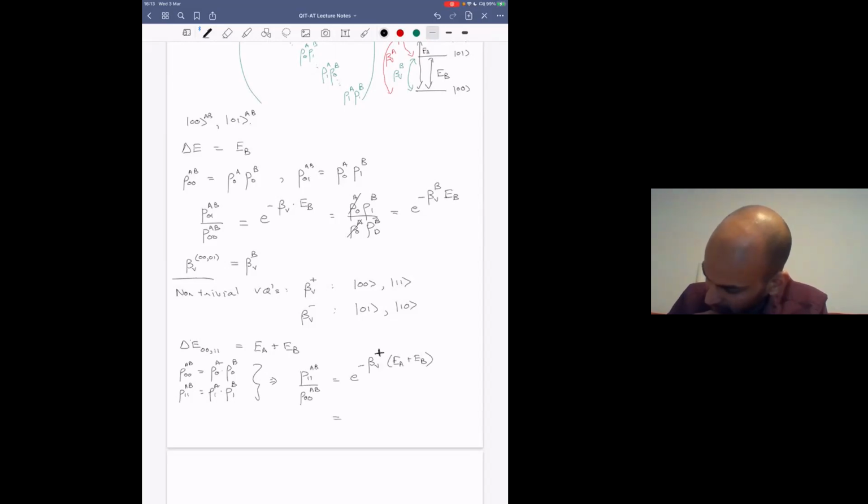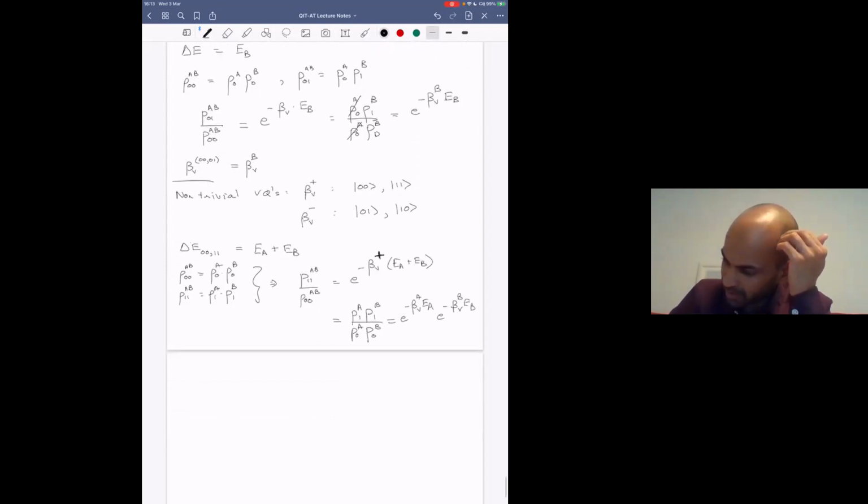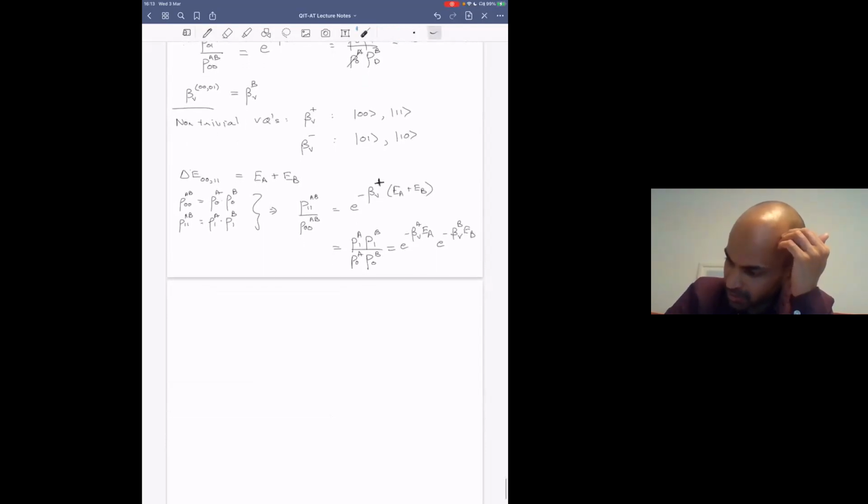And this in turn is equal to P1A, P1B upon P0A, P0B. And each of these now I can replace by the Gibbs ratio from their original virtual temperatures. I know that the ratio P1 upon P0 for A and for B are given by these Gibbs ratios just by construction. So now I just look at the exponential parts of this equation.